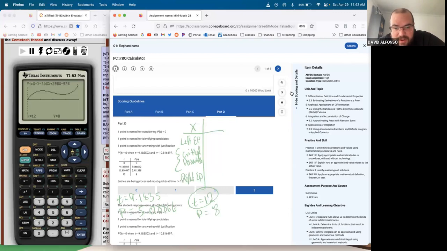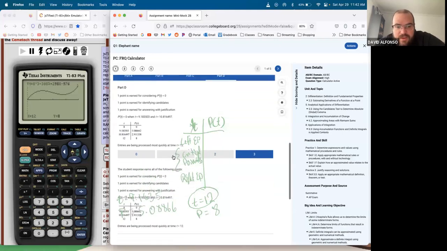This is what I thought they were going to ask for. So this was a t and a p of t. Here they list out, notice the endpoints 8 and 12. They list out the relative extremas and their values. And then of course, at 12, it's the highest. So you get 1 point for considering p prime of t equals 0.